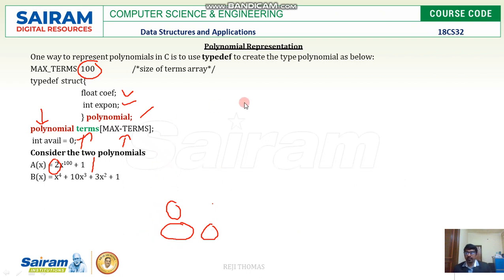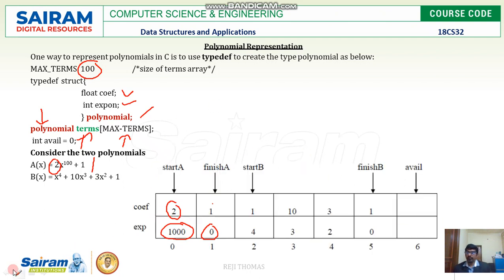Same way with B, you can see B also has the first coefficient as 1, and the exponent for this is going to be 4. I'll just write this.